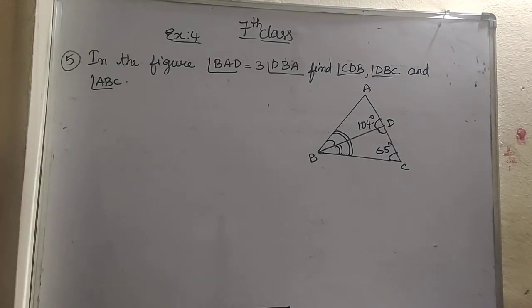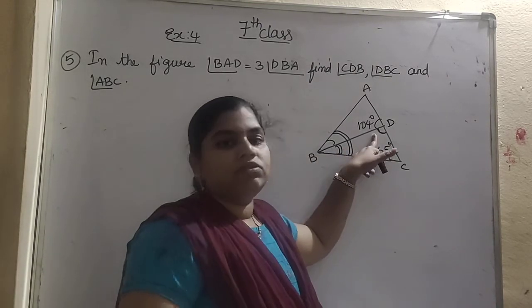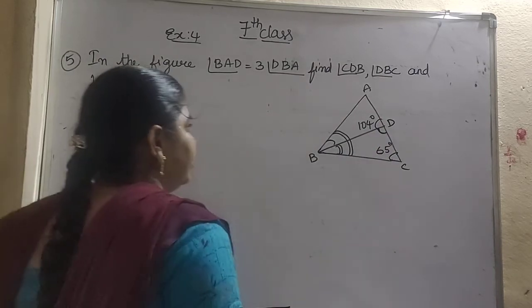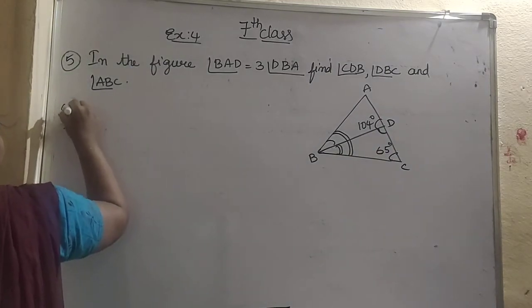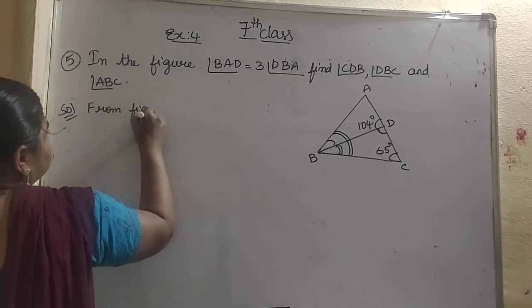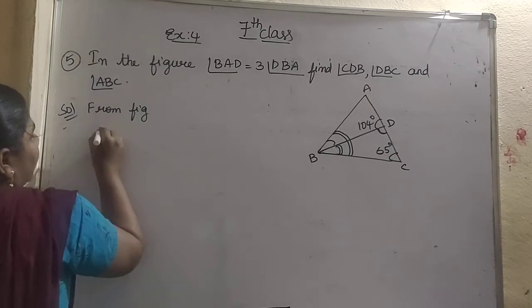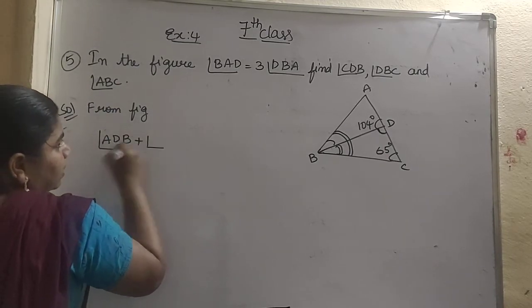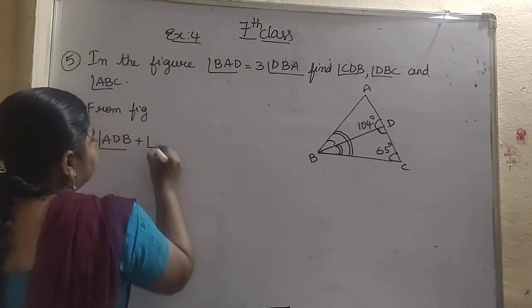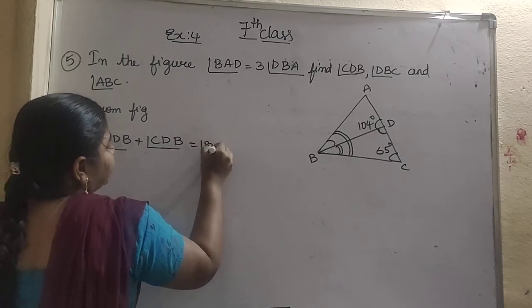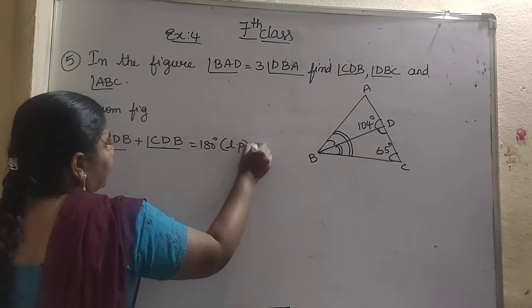First I am finding this angle by using the linear pair. Linear pair means the sum of two angles will be equal to 180. So from the figure, angle ADB plus angle CDB is equal to 180° because it is forming a linear pair.